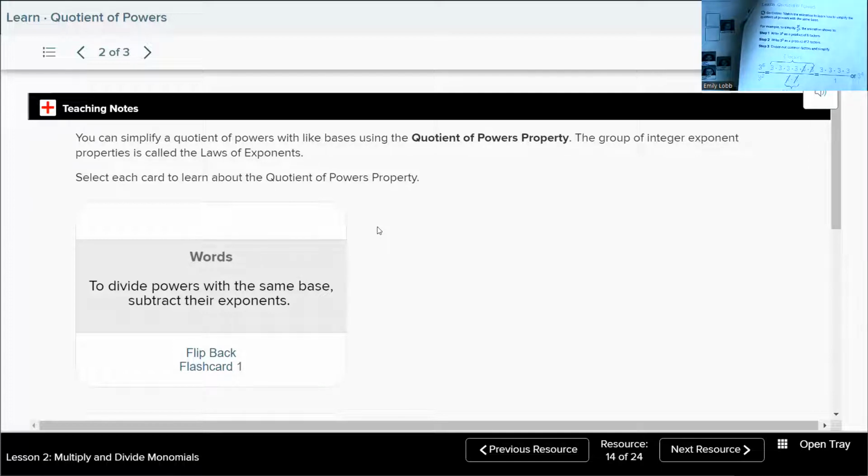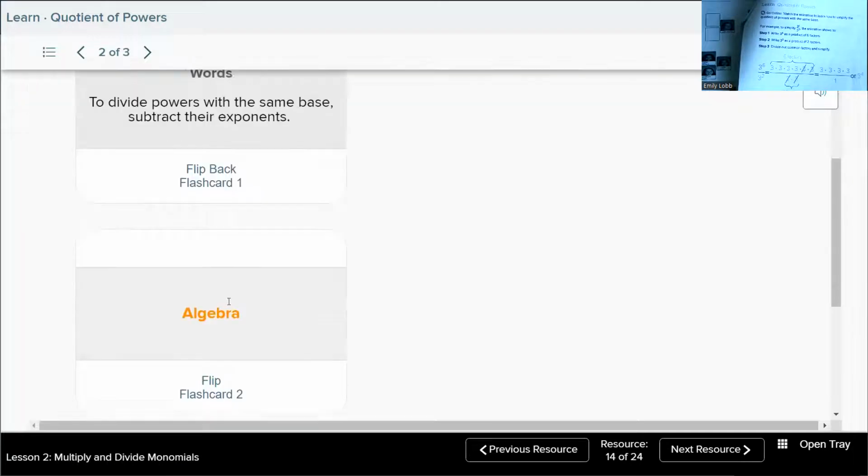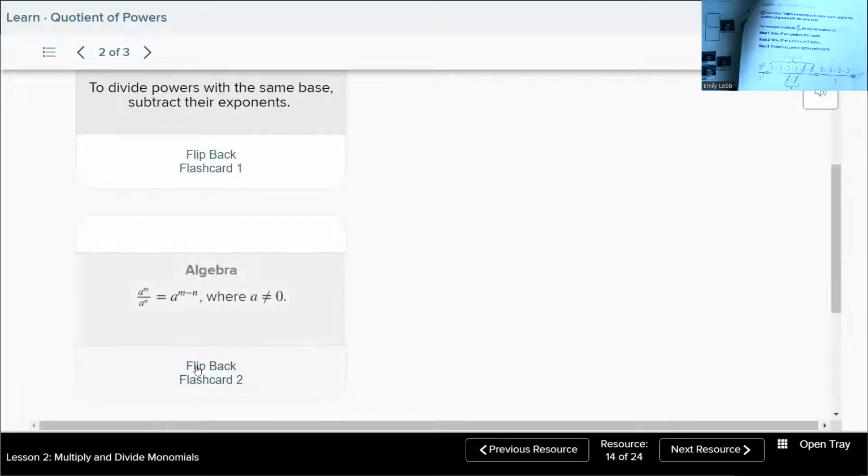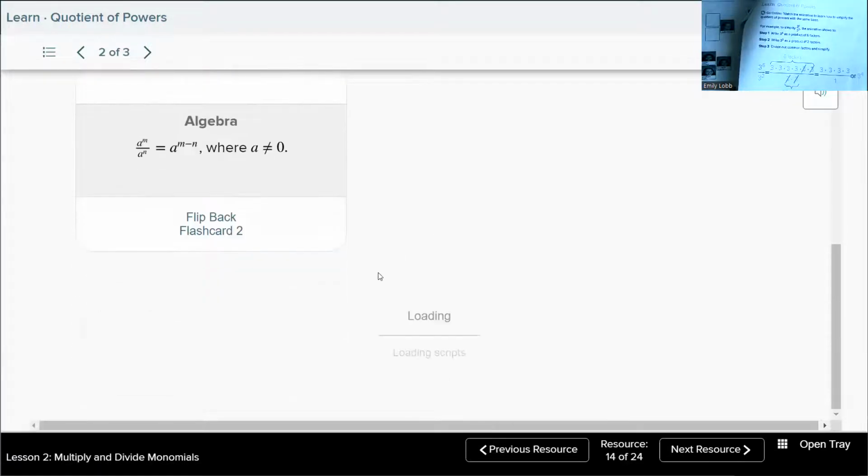Do you guys see where we are in the bottom of page 17? Algebra, they're showing it with letters now. As long as a does not equal 0, this works. You can subtract the exponents.